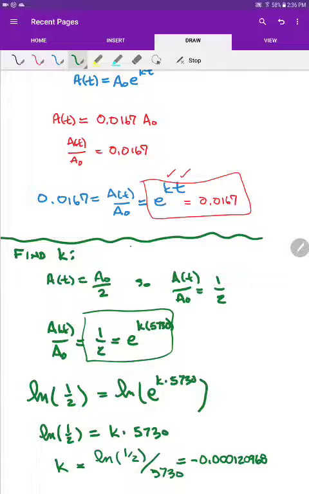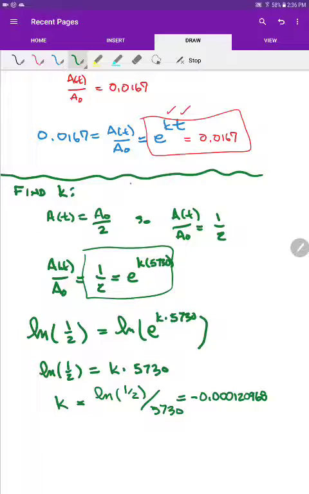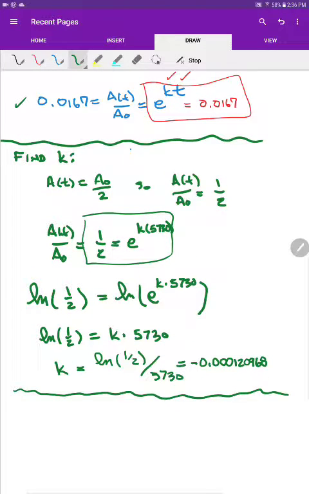Alright, we can take this now and go back to our original equation that we're trying to solve for the amount of time that has gone by based on the amount of carbon-14 left. We can figure out the amount of time that's gone by. So we have our 0.0167.